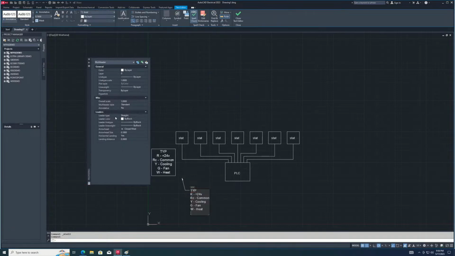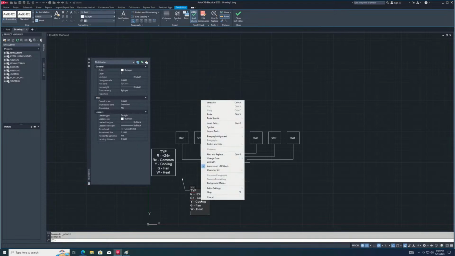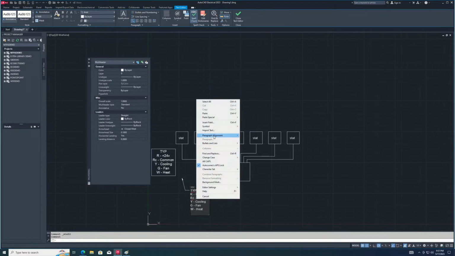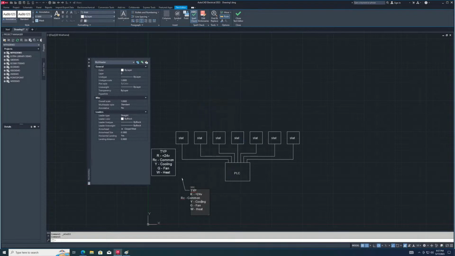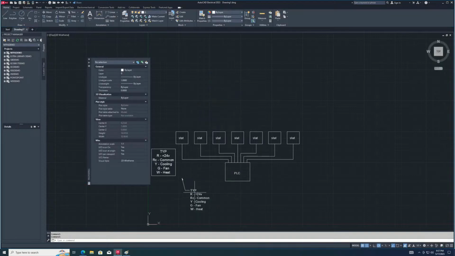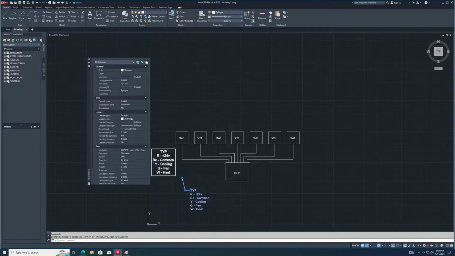We're going, okay. Center. Oh, crap. Boom. Justify all this.